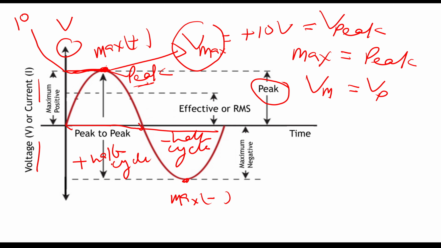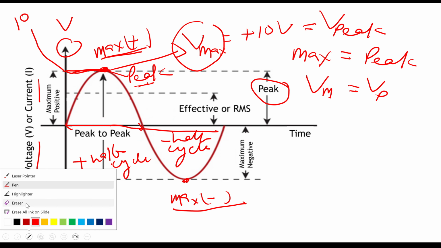Now, from this positive maximum to the negative maximum, this is known as peak to peak. This is known as peak, and this is known as peak to peak.